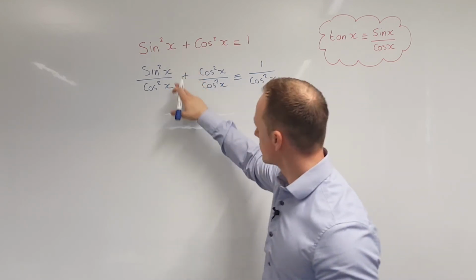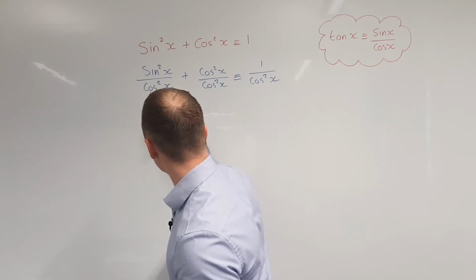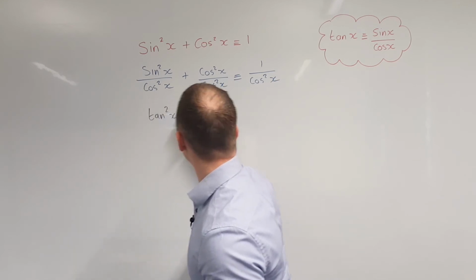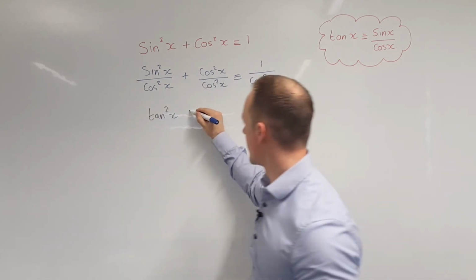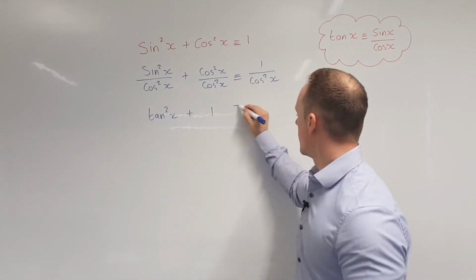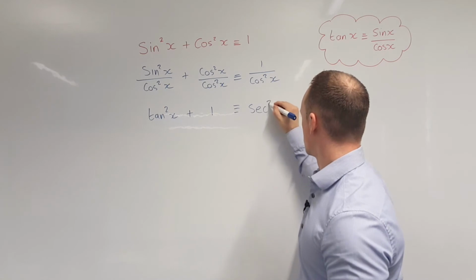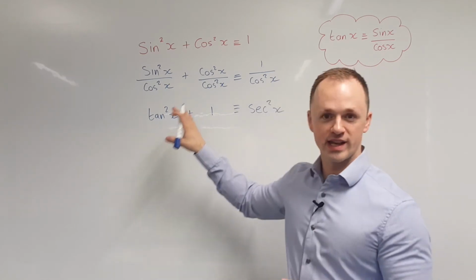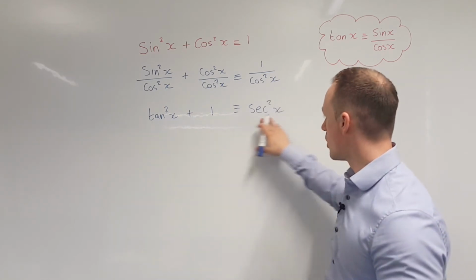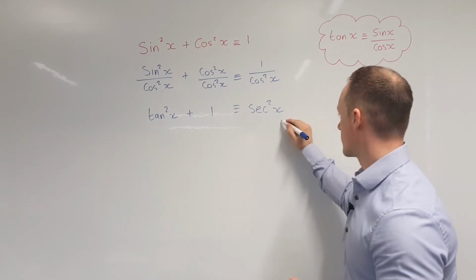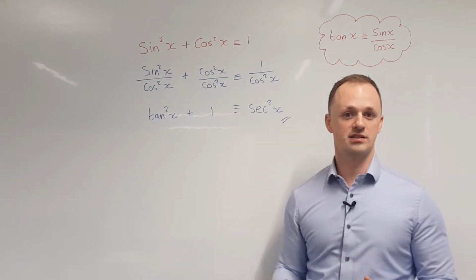So sine squared x over cos squared x, we can write that as tan squared x. Cos squared x over cos squared x is 1. And 1 over cos squared x is sec squared x. So we get tan squared x plus 1 equals sec squared x. And that is our second identity.